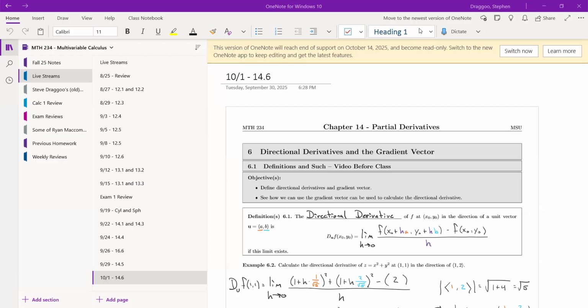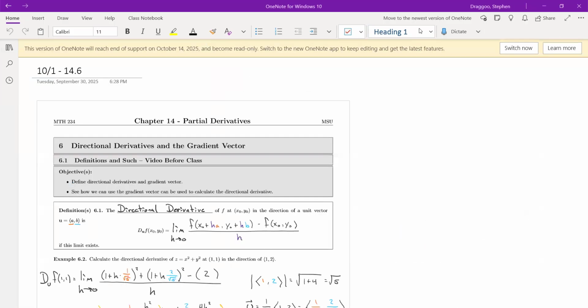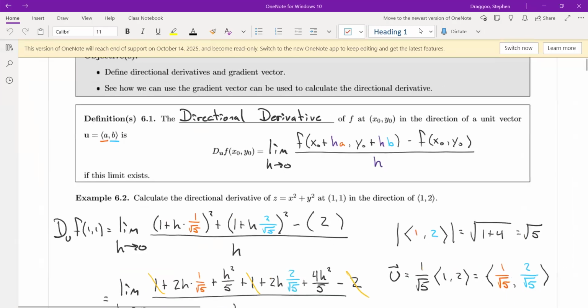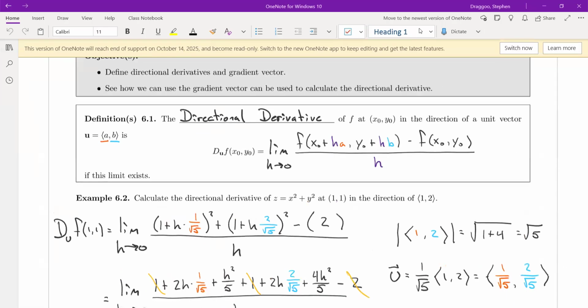Because there's no real particular reason we have to go in specifically an x and a y direction to get our partial derivatives. We could go in whatever fancy direction we'd like to, and that thing has a definition and a name. It's going to be the directional derivative, and it's this limit. When we looked at the x partial, we only had an h on the x value.